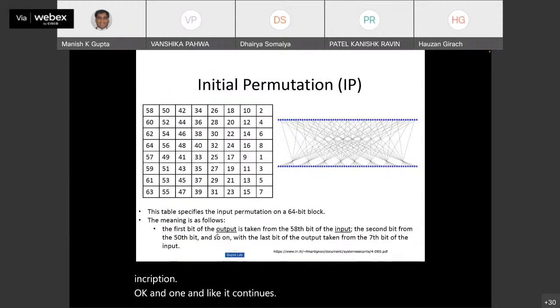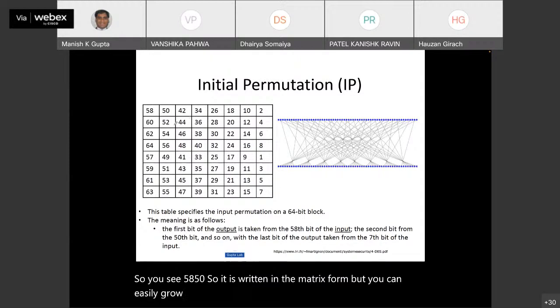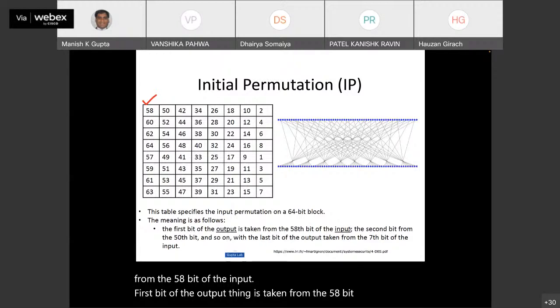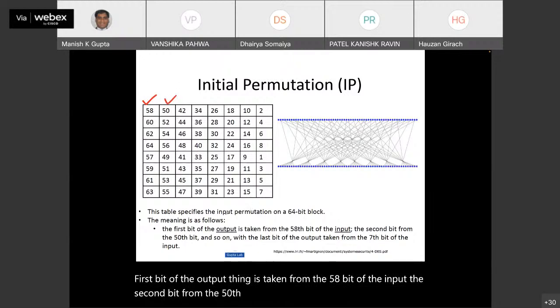Here is the initial permutation. So you see 58, 50. It is written in matrix form, but you can read it row wise. The first bit of the output is taken from the 58th bit of the input. The second bit from the 50th bit, and so on, with the last bit of the output taken from the 7th bit of the input.